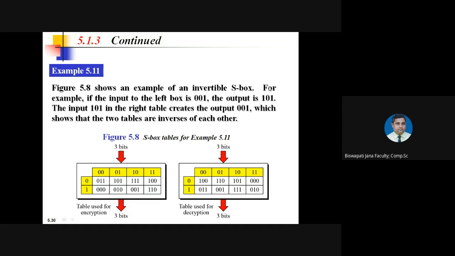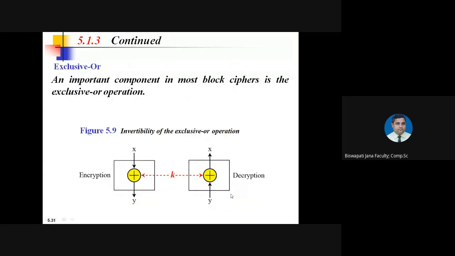And another one, for 001, the output is 101. Come to the decryption, 101 is again 001. So this table has been used for encryption and decryption, so these two are inverses of each other. If you use this one for encryption, then this can be used for decryption.